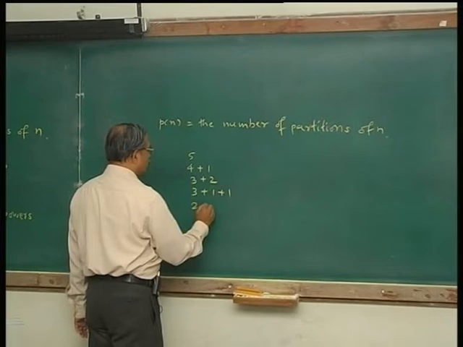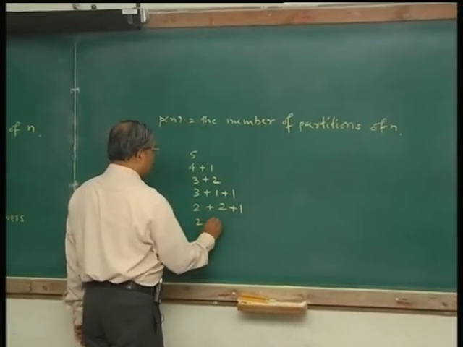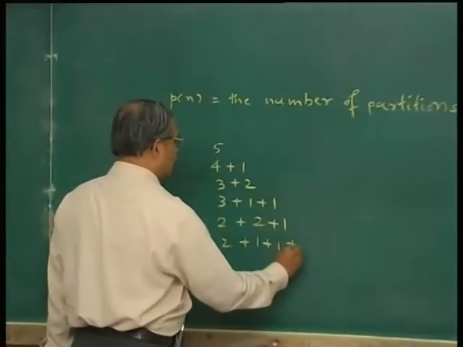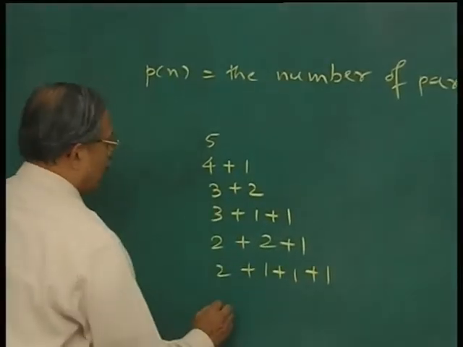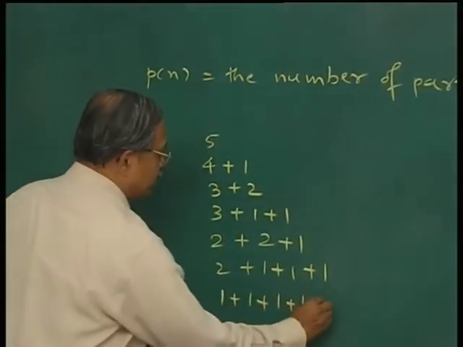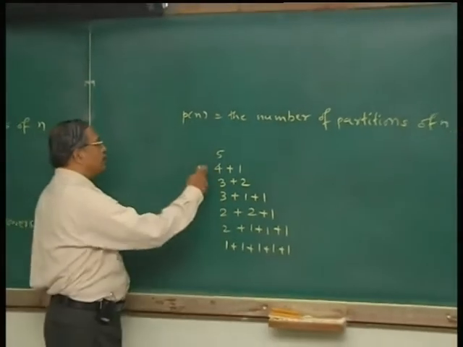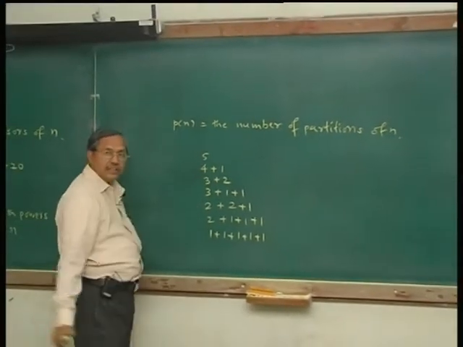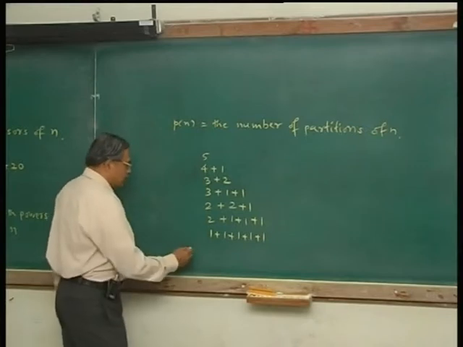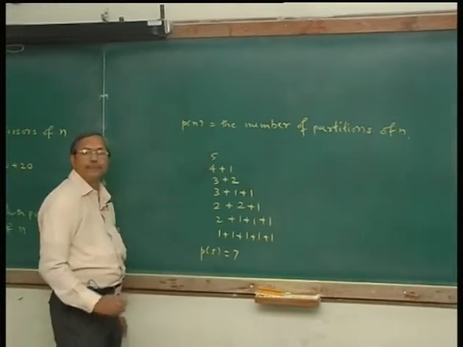You can write also as 2 plus 2 plus 1. Then 2 plus 1 plus 1 plus 1. And also 1 plus 1 plus 1 plus 1 plus 1. So you can write partitions of 5 in these 7 ways. And so we say P of 5 equal to 7.